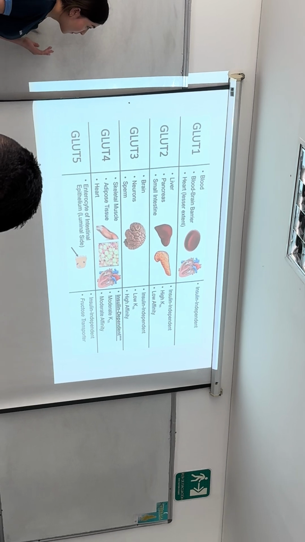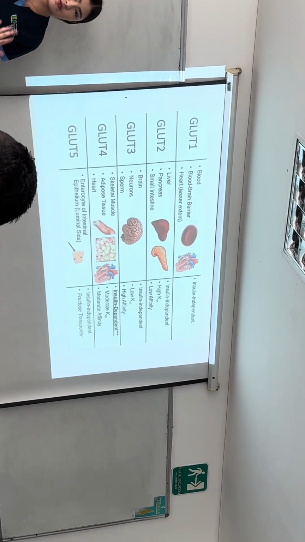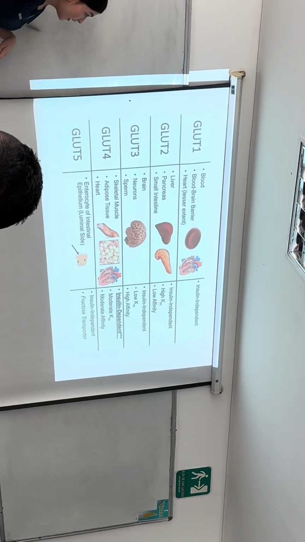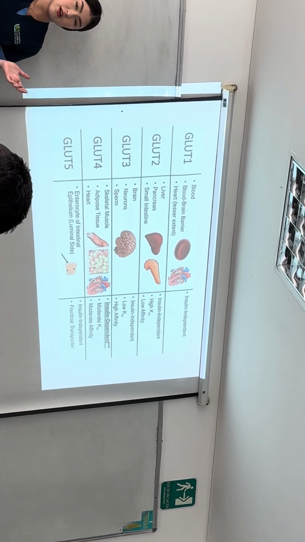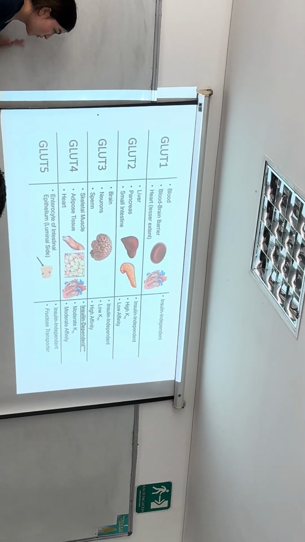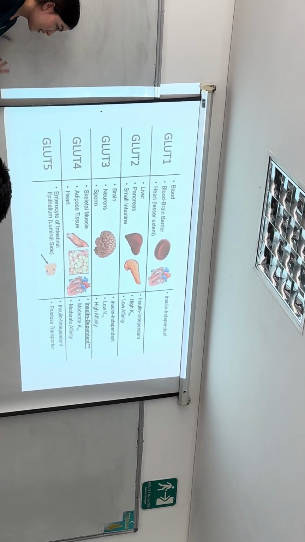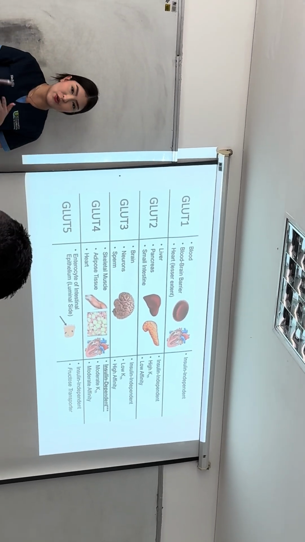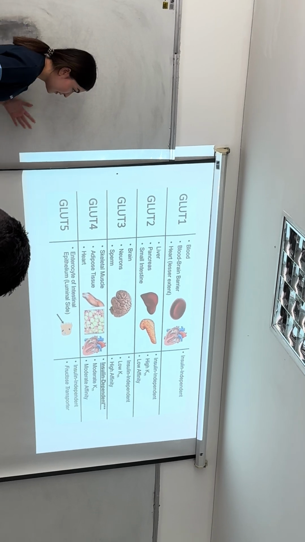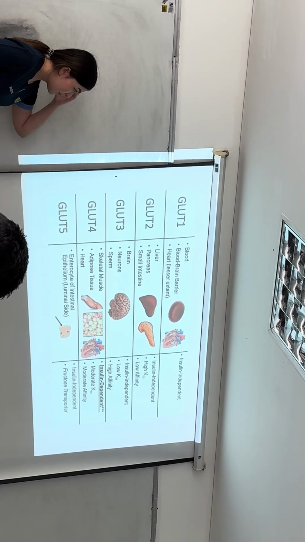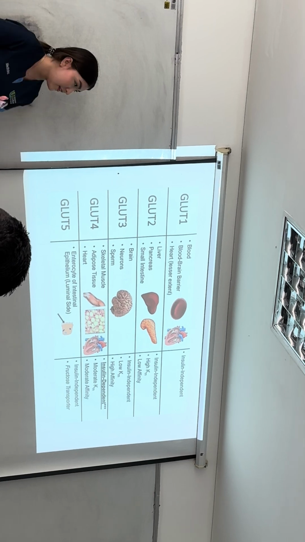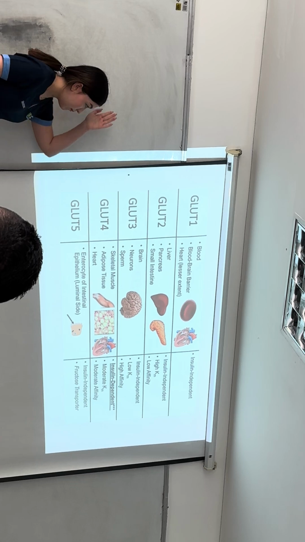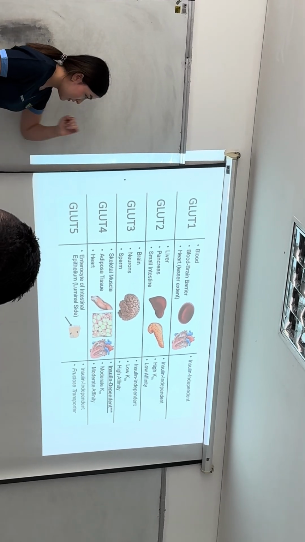GLUT1 is found mainly in red blood cells and endothelial cells, and it is important for the obtention and transportation of glucose, including across the blood-brain barrier. GLUT2 is mainly involved in the obtention of glucose in the liver, the pancreatic beta cells, and the small intestine.